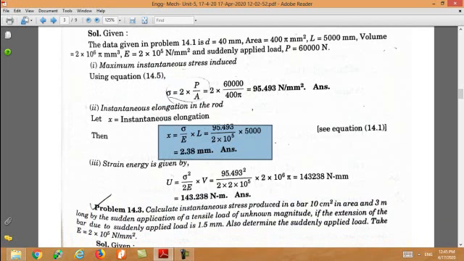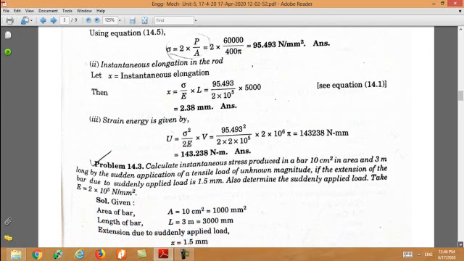Stress is already calculated, and now use the formula of the strain energy. This formula is general, and the stress will change in case of different types of loading conditions.